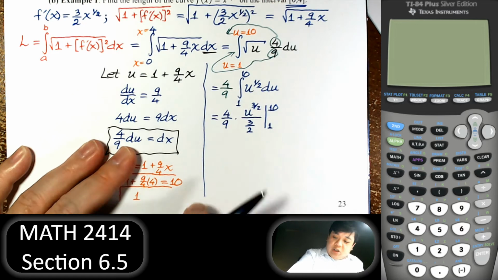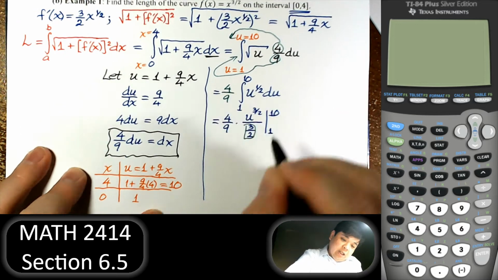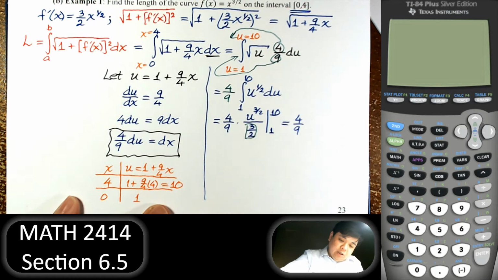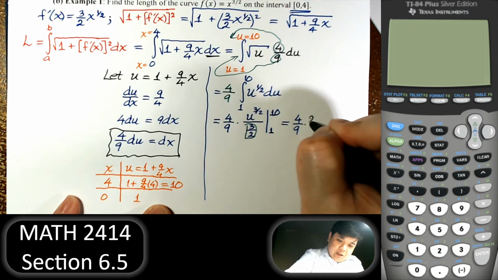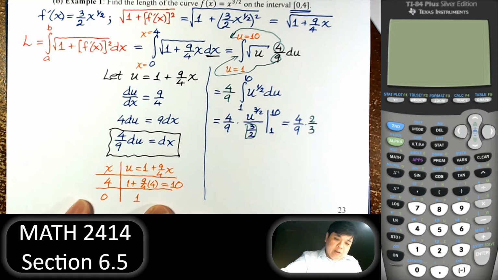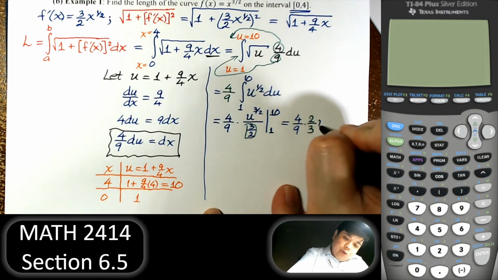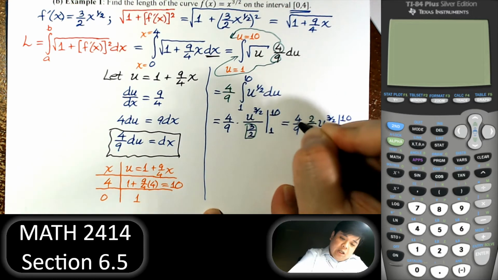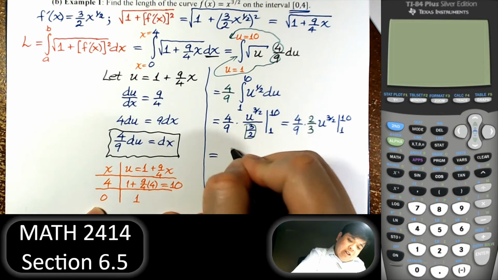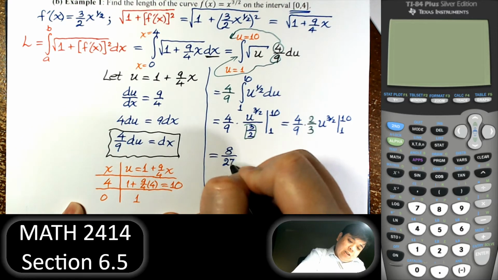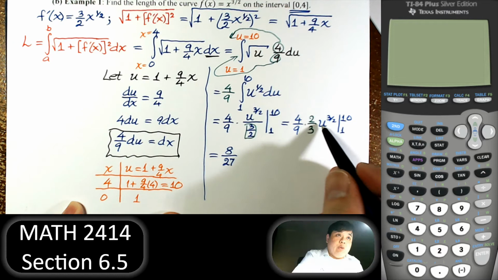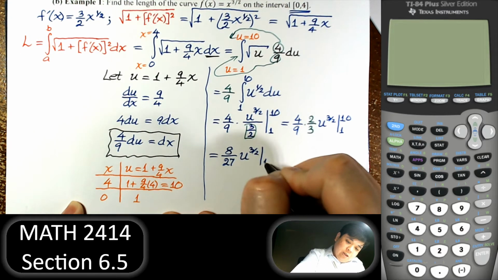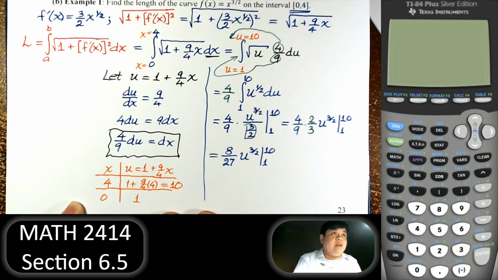Now dividing by a fraction is multiplying by the reciprocal. 2/3 u to the 3/2, going from 1 to 10. Right, that gives us 8 over 27. And then put 10 in for u. Now let's just write like this first.